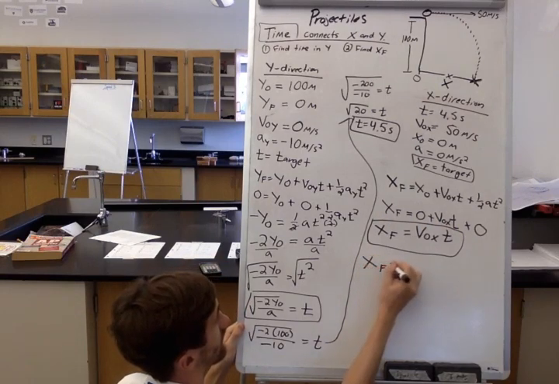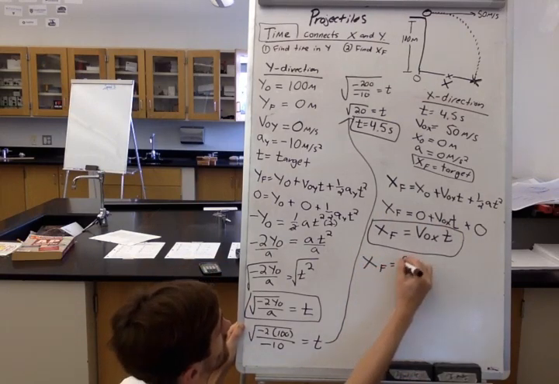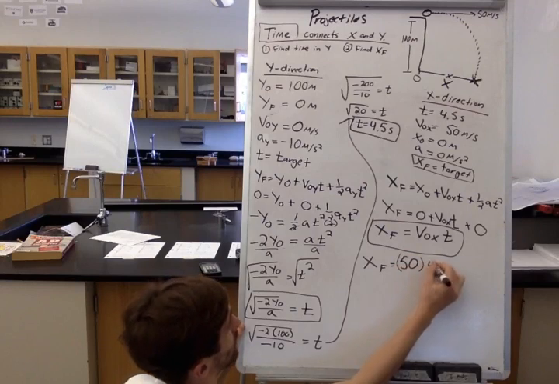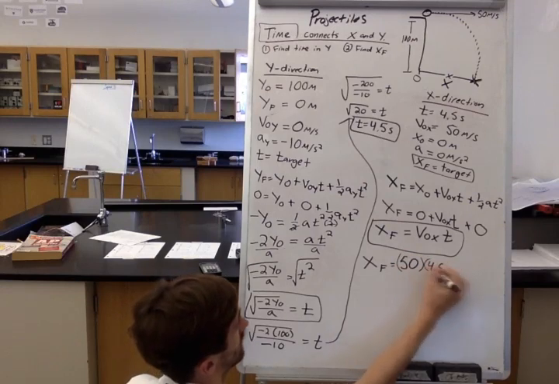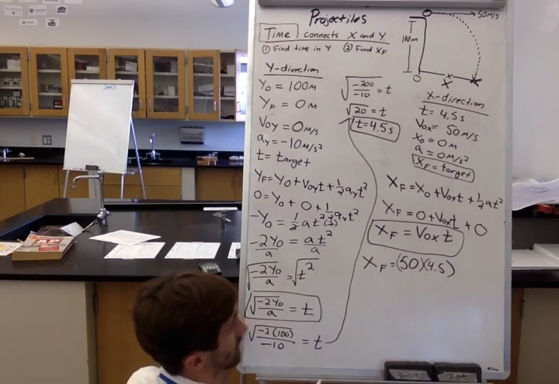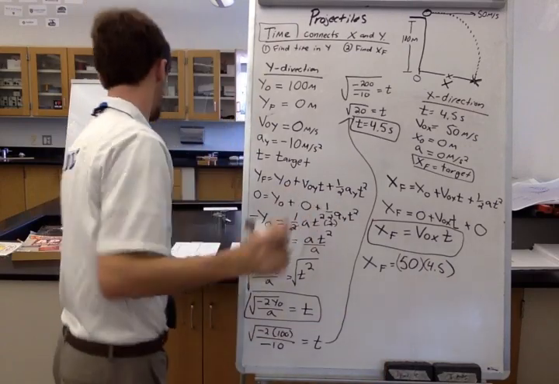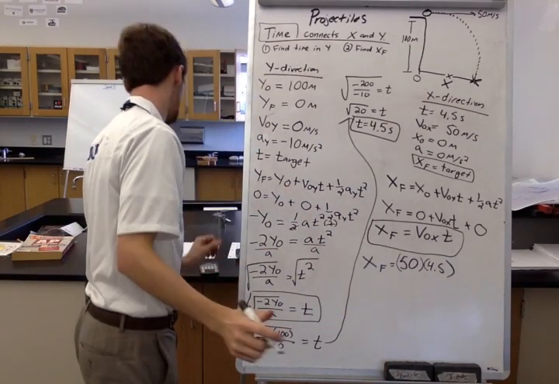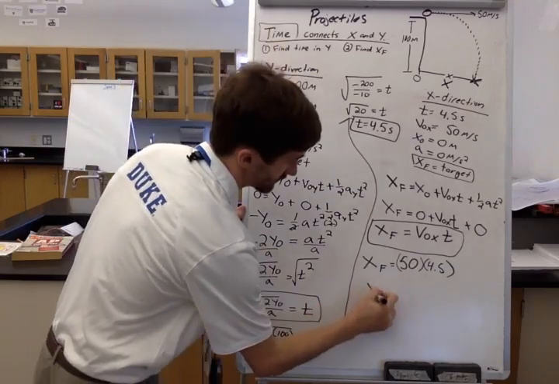And then our final position is going to be 50 multiplied by 4.5, and that is going to give us 225.